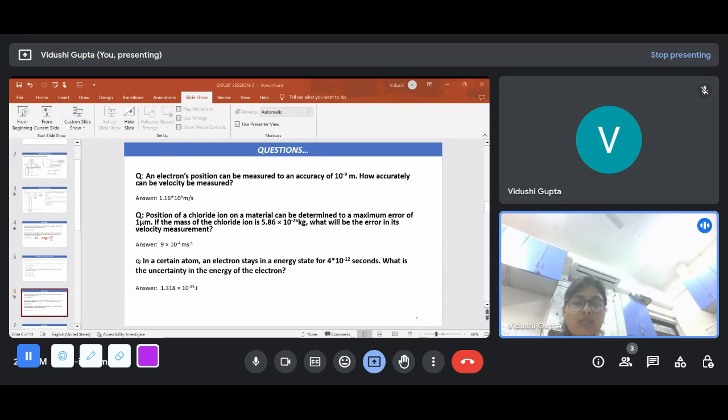Or you can also solve like, you have to just calculate the momentum. This is mass into velocity. Mass is 0.5 kg and velocity is 20 meter per second.